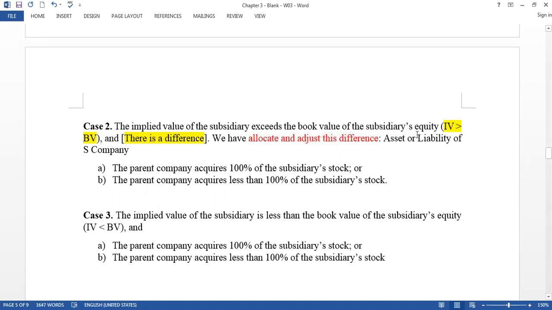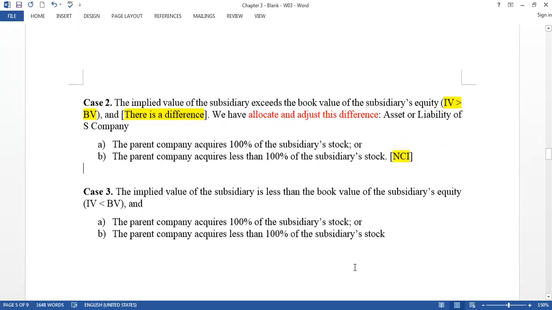Anyway, implied value is higher, book value is lower. We may have a 100% acquired subsidiary or less than 100%. If it is less than 100%, don't forget to establish NCI. Do you understand? If it is less than 100%, you must do some calculation for NCI. I will tell you how to do that very soon.